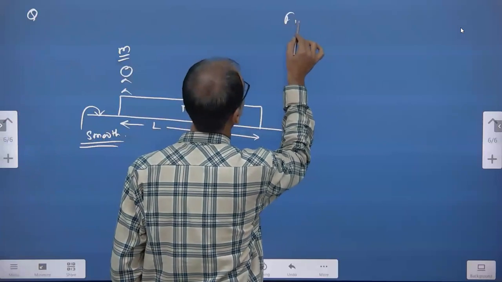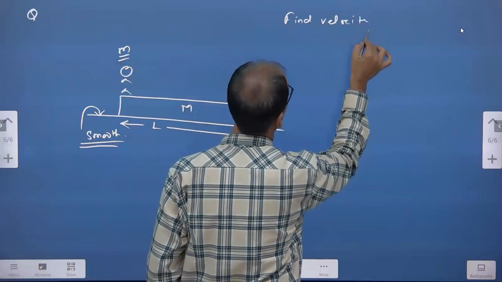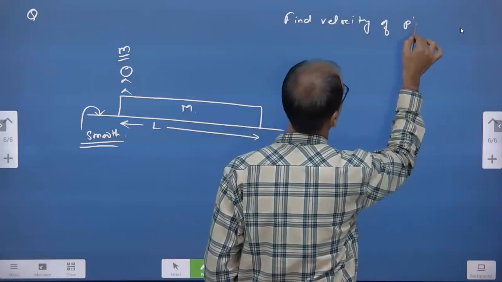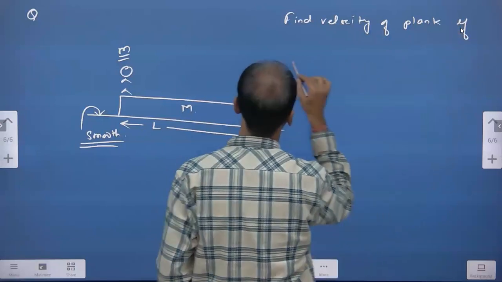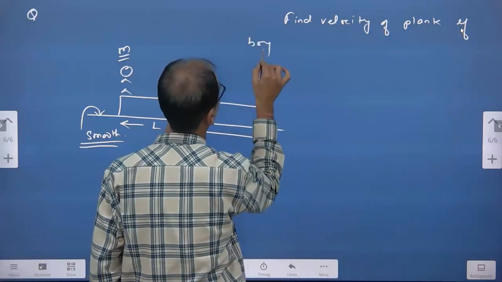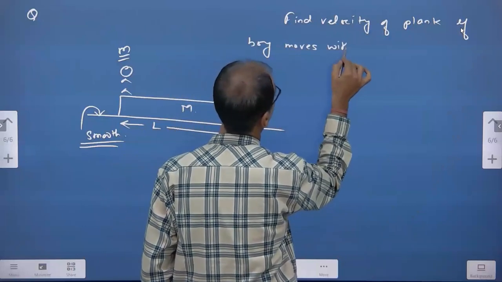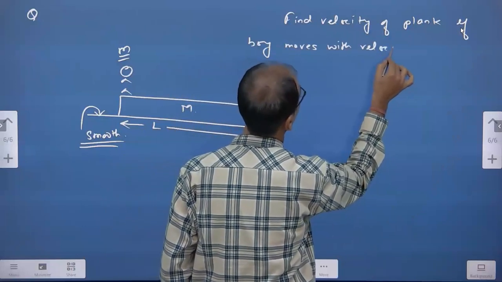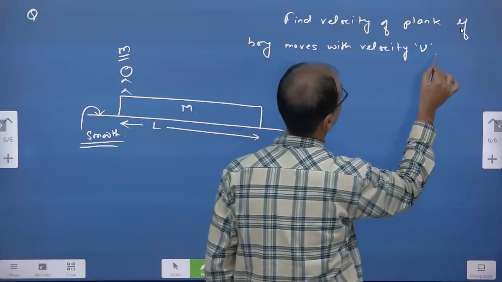Find velocity of plank if boy moves with velocity v relative to plank.